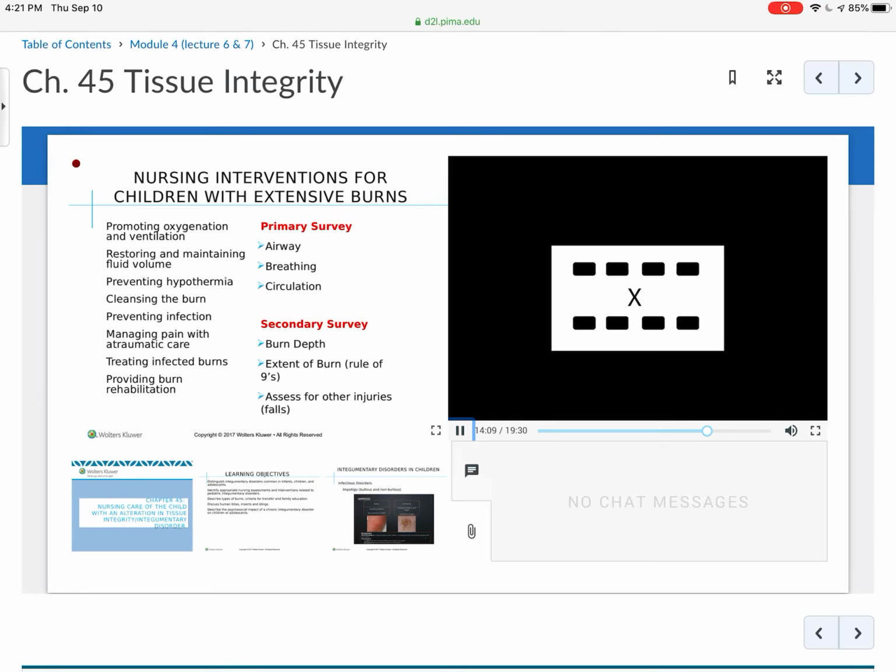And what we want to do is our primary and secondary survey. Anytime you have a trauma or drowning or possible death on the scene, you always want to start with your primary and secondary. So your airway, breathing, circulation. When we talk about the airway, we need to assess it. Was there any burns around it?